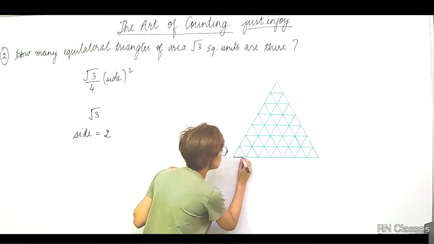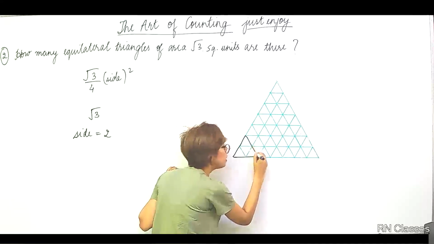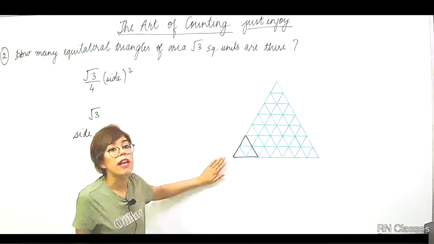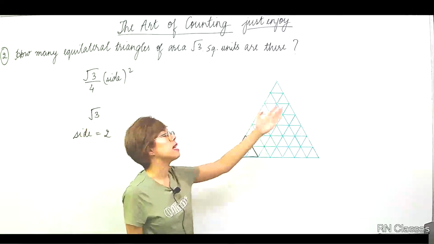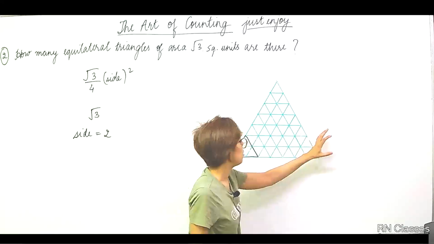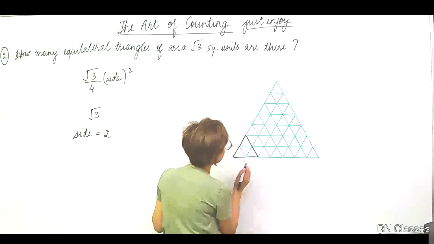So this is 2 units. And obviously this will be 2 units and this will be 2 units. That means this is an equilateral triangle with sides 2 units. Right? So ऐसे triangles I need to find out. So let's count. Right? So in this block itself, I'll try to find. So एक तो मिल गया मुझे.